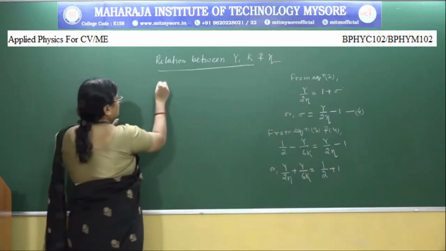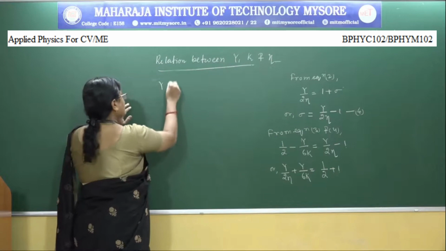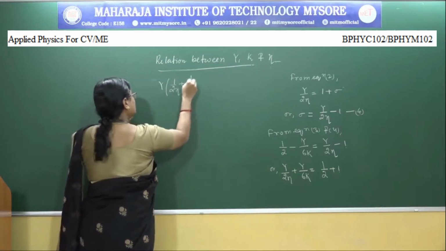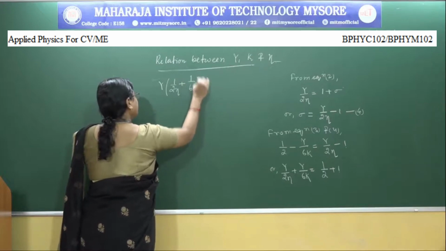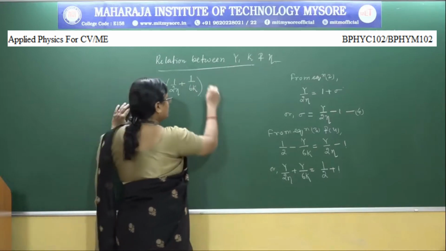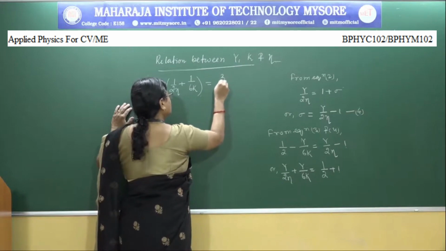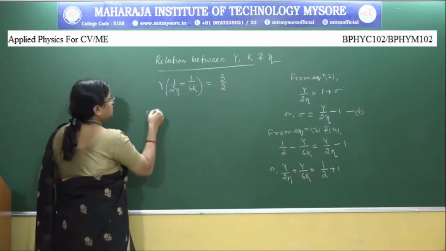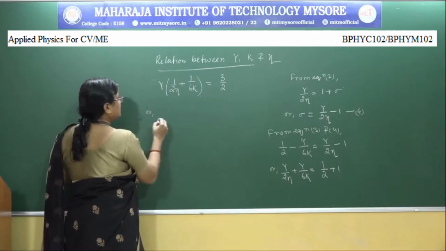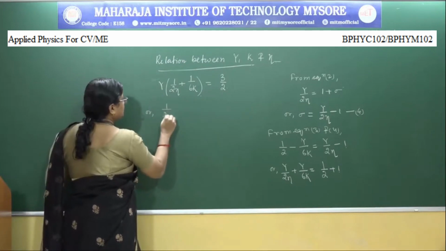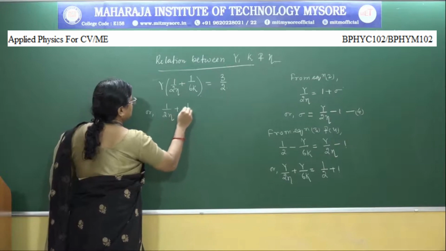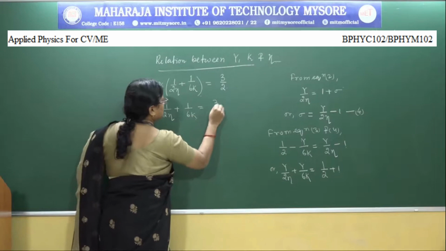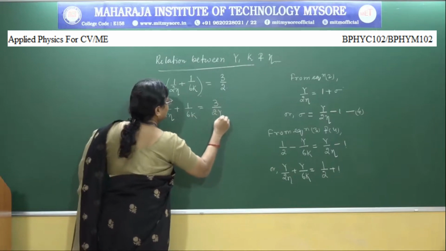Now Y is common, so it will be Y times (1 by 2 eta plus 1 by 6k), and half plus 1 will be equal to 3 by 2. Or we take the Y term to the other side: (1 by 2 eta plus 1 by 6k) will be equal to 3 by 2Y.